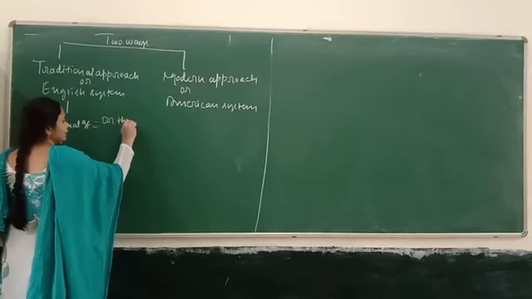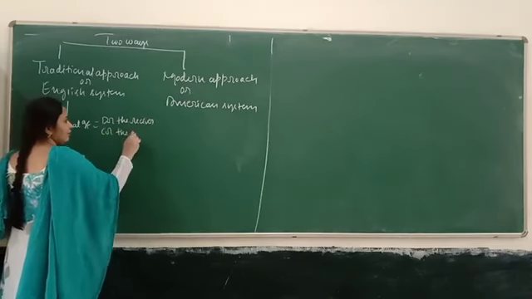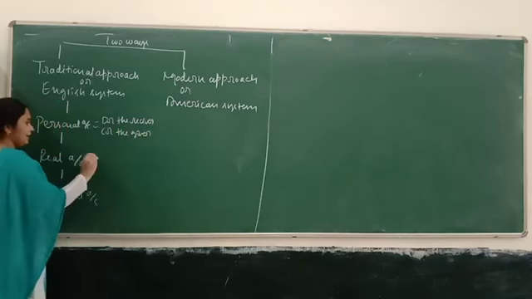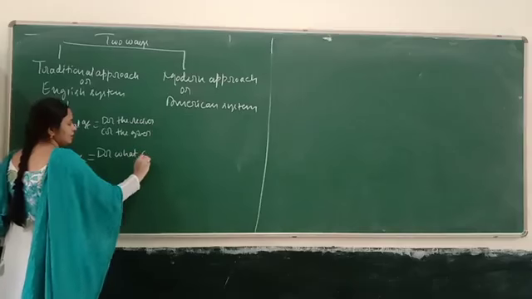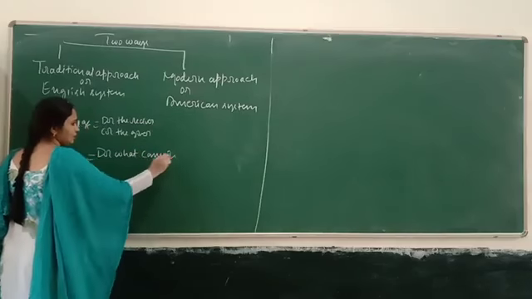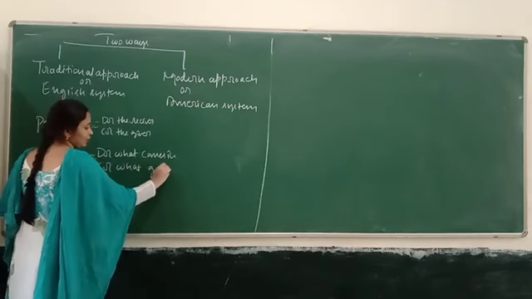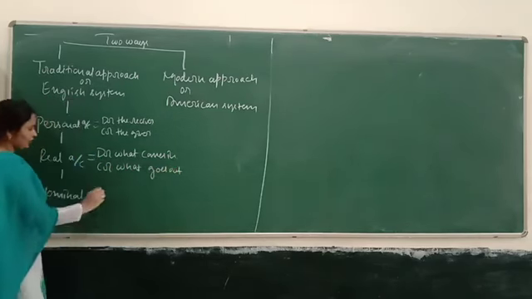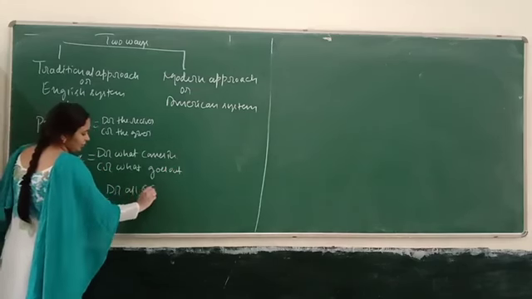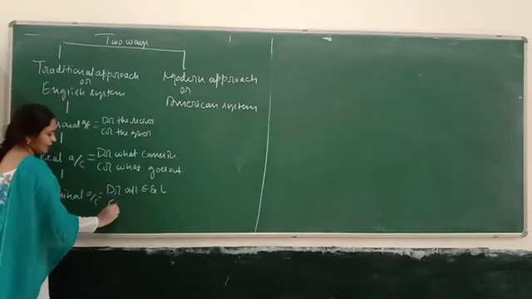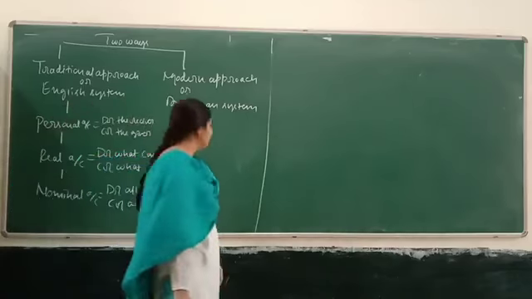Debit the receiver, credit the giver. For real account, debit what comes in and credit what goes out. And under nominal account, debit all expenses and losses, credit all incomes and gains.